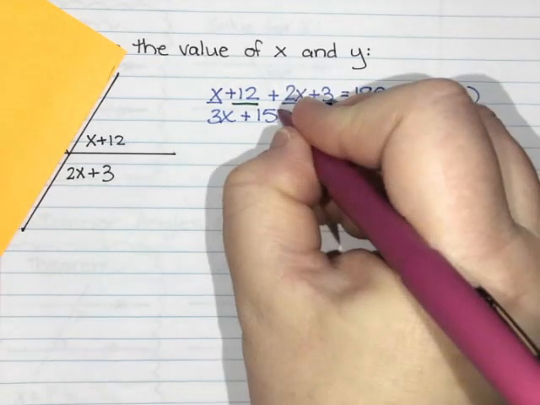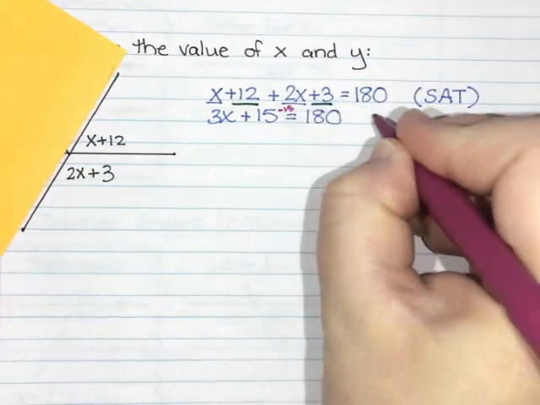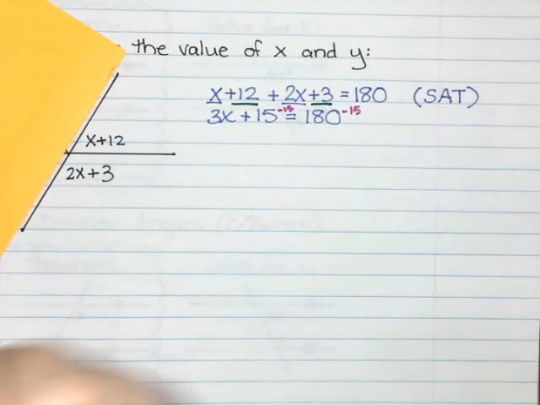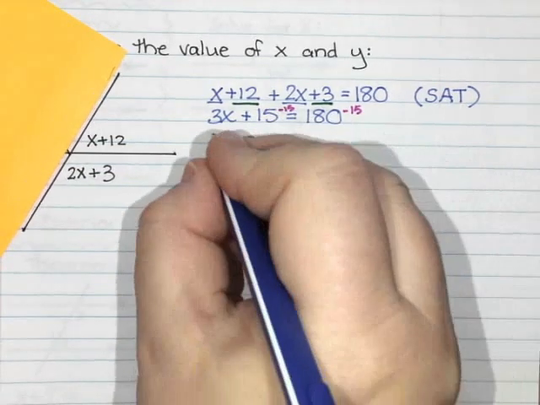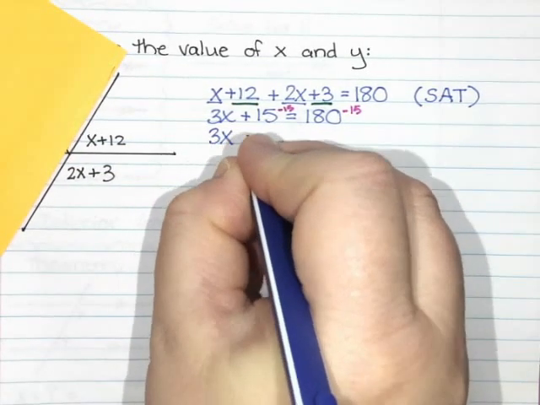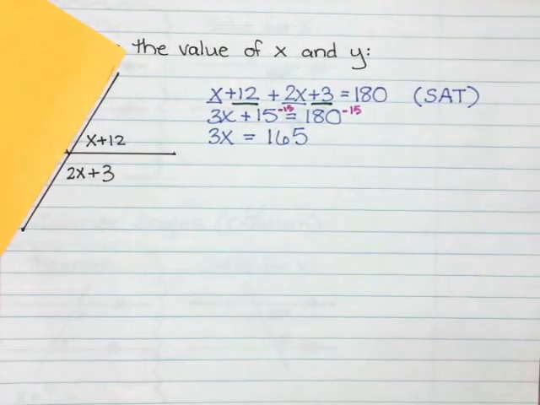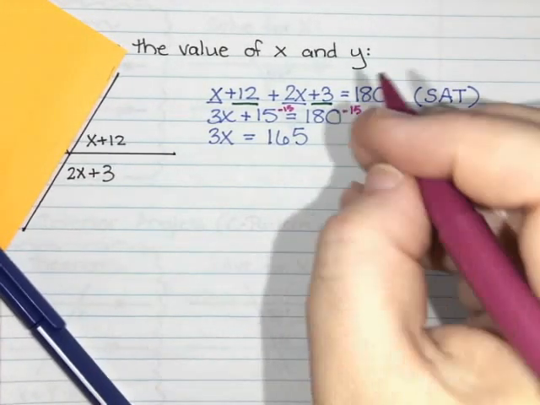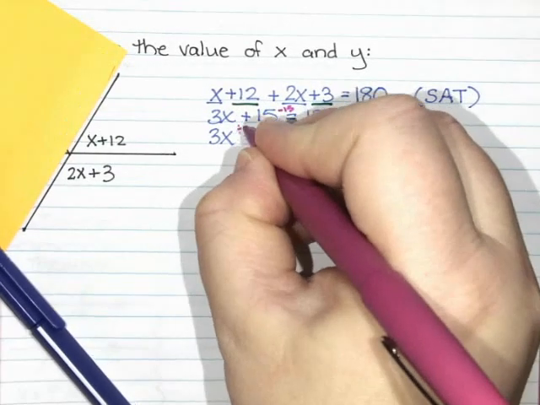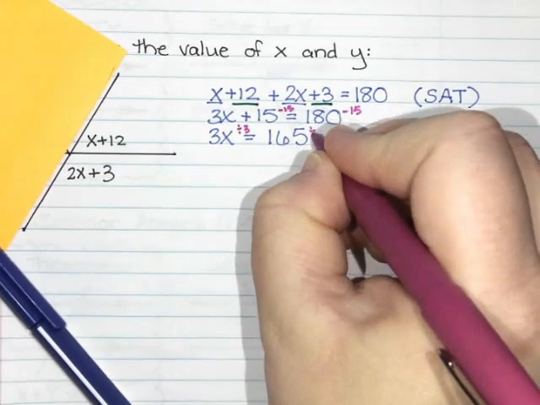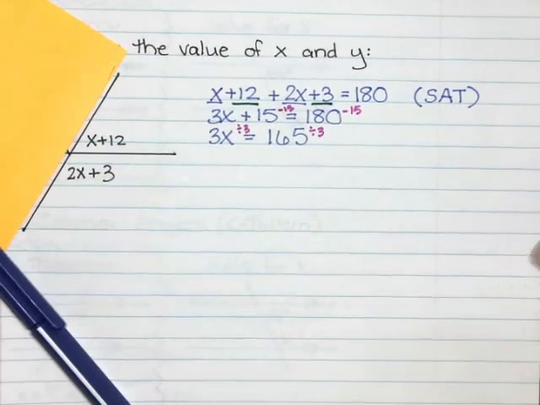So from here, we're just going to solve. I'm going to subtract 15. 180 take away 15 is 165. And then I need to divide both sides by 3. I don't want to do that in my head.